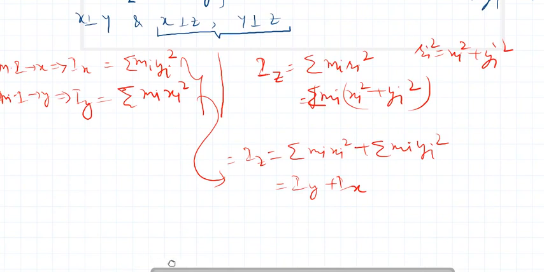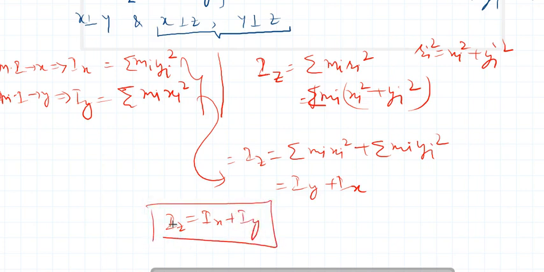Therefore, Iz is equal to Ix plus Iy. So this is the theorem of perpendicular axis, and hence the result has been proven.